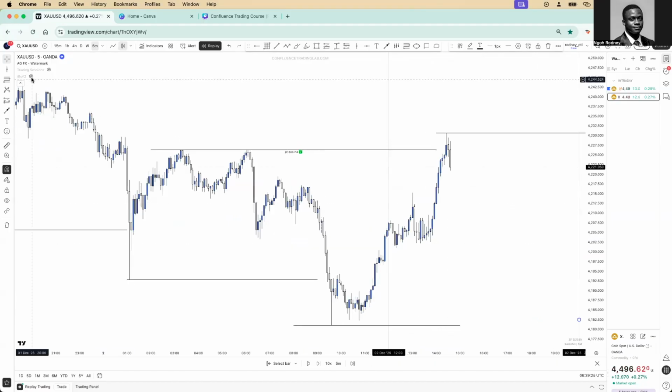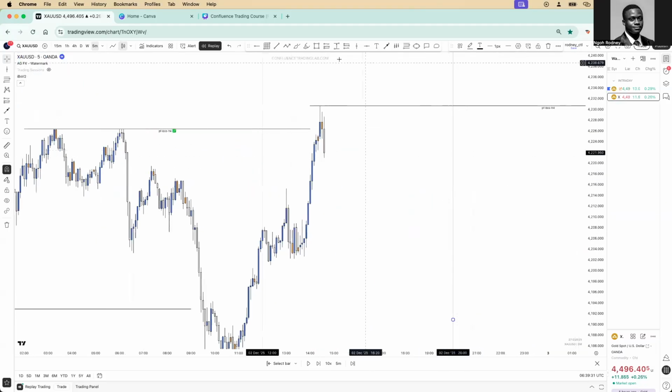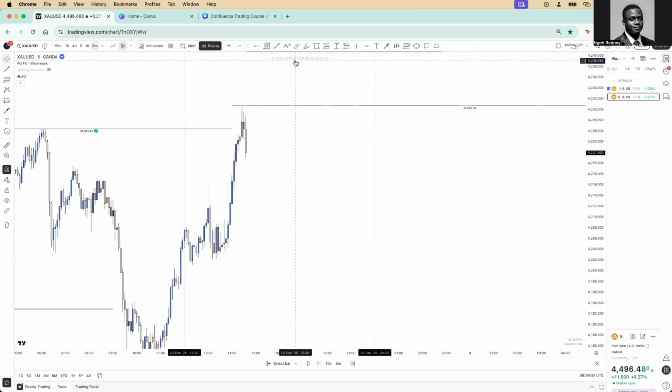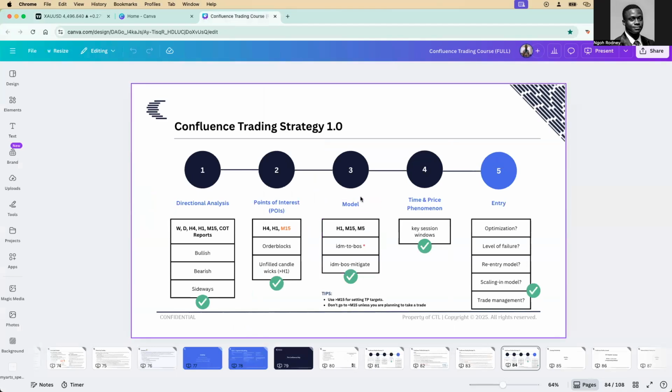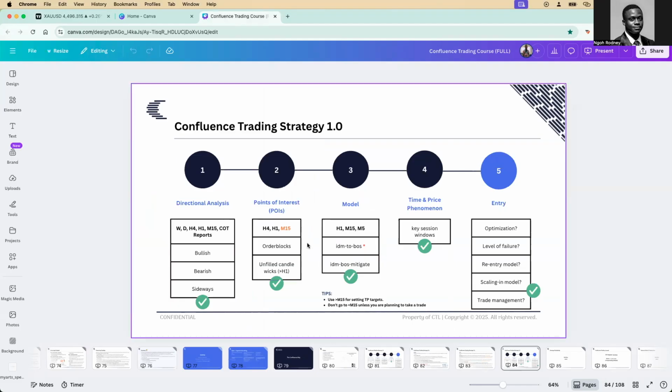Now, of course, there's something that I haven't told you, but there are also inside bars, right? It can get a bit confusing, but inside bars form structural levels also that you can trade off of. Now, what you would see from here on in this training material is where we are right now: we know the direction, we know that it's a possible fake break.